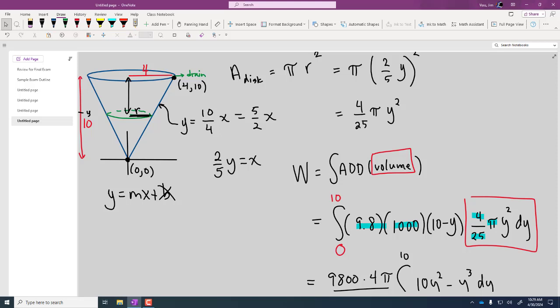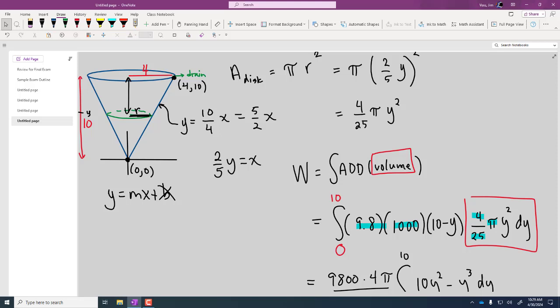And that's the only thing that would change. There's still only slices of water from 0 to 10, so the limits of integration don't change. The limits of integration will only change if the water was only filled up, like the question said, only filled up to 8 meters high in a 10-meter tall cone. Exactly. So the limits of integration always physically reflect where the water is.